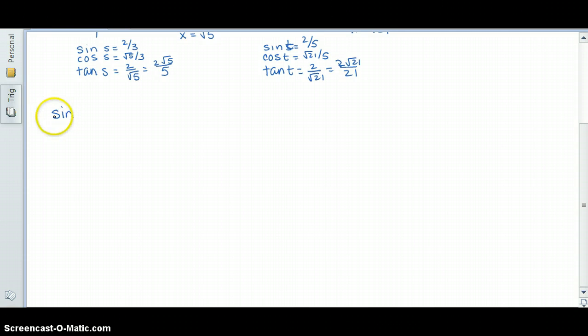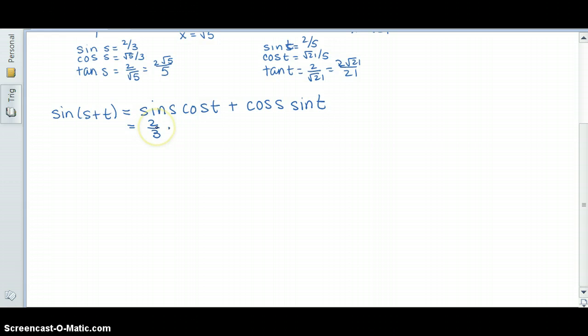The sine of s plus t is sine of s cosine t plus cosine s sine t. Substituting in, this is going to be 2/3 times the cosine of t, which is root 21 over 5, plus cosine of s, which is root 5 over 3, times the sine of t, which is 2/5.